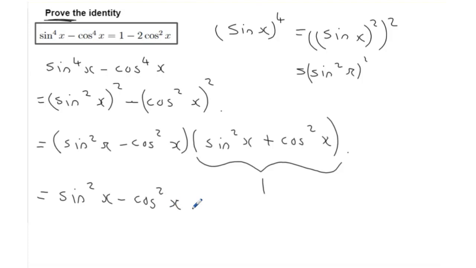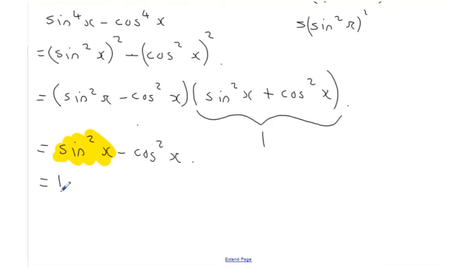And then if we look at what we are aiming at, we want an expression just in cos. So what we should do is make a substitution for sine squared x, so there are only cos's in. We know that sine squared x plus cos squared x is 1, so sine squared x can be written as 1 minus cos squared x. So equals 1 minus cos squared x, minus the cos squared x that was already there.